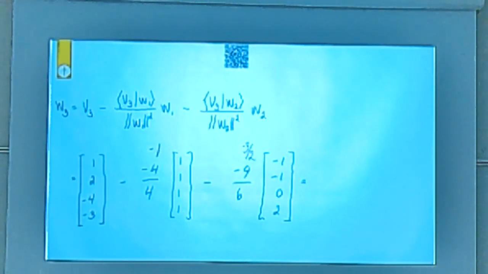And the fractions. Yeah, it's going to happen quite a bit in the Gram-Schmidt process. You're going to get hideous, hideous fractions. What is it? 1 plus 1, 2 minus 3 halves, 1/2. 2 plus 1 is 3.